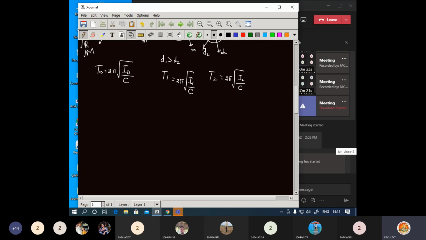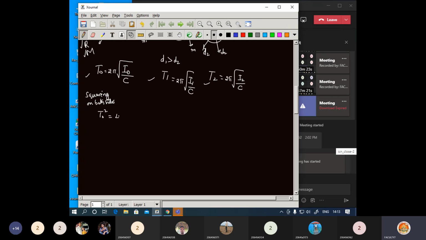Now remove the root here. If you try to remove the root, what can you expect? You need to square on both sides. In all the three equations, you do the same process. Now what will you get?